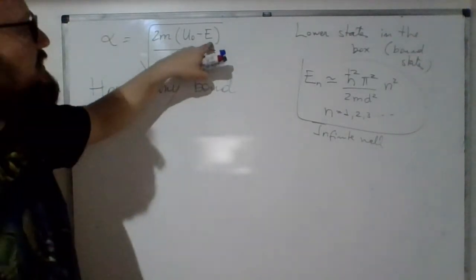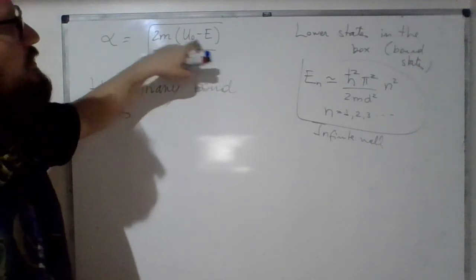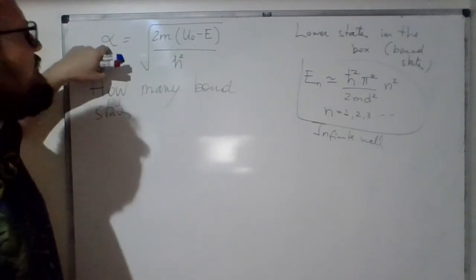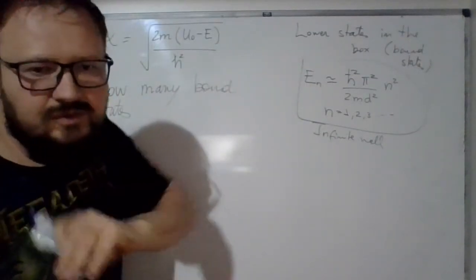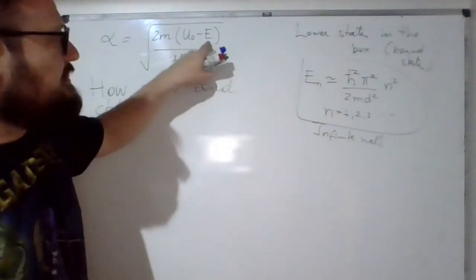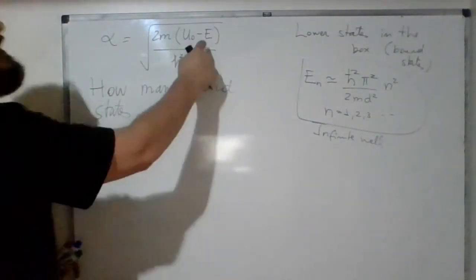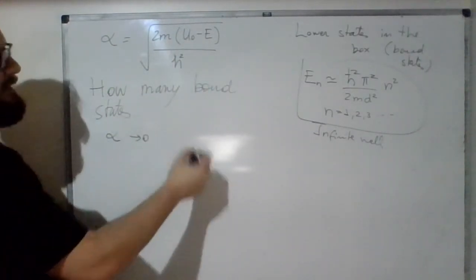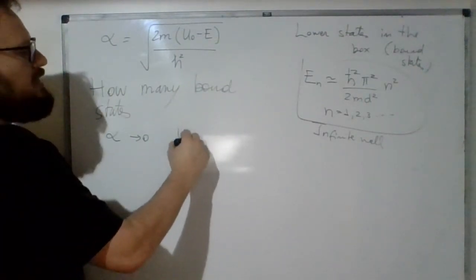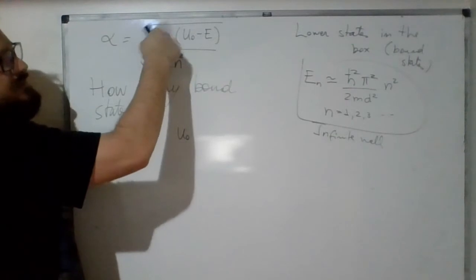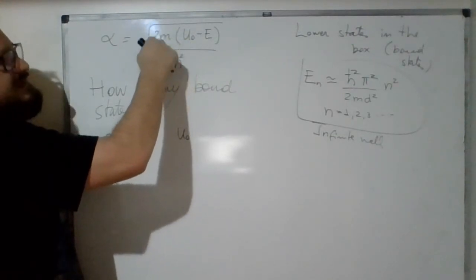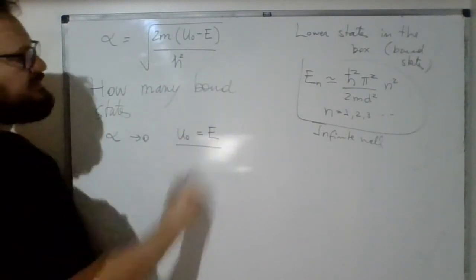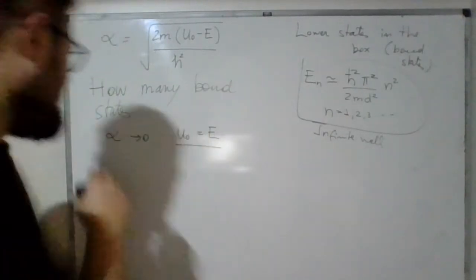Otherwise, if the energy is greater than U naught, you start to have values of alpha which are purely imaginary, so you don't want that. You want bound states, where the energy is lower than U naught. In the limit, the energy is equal to U naught, and you find alpha going to zero. You can forget the mass and this h bar here. This must be equal to that in the limit. Okay, so it's just a rough estimate.